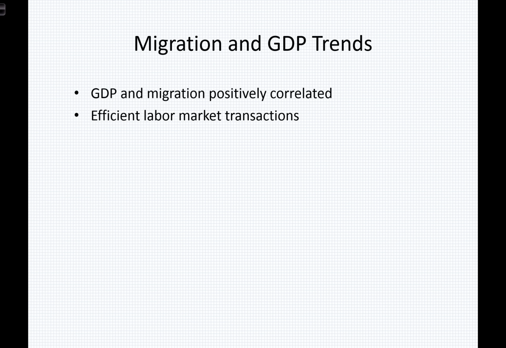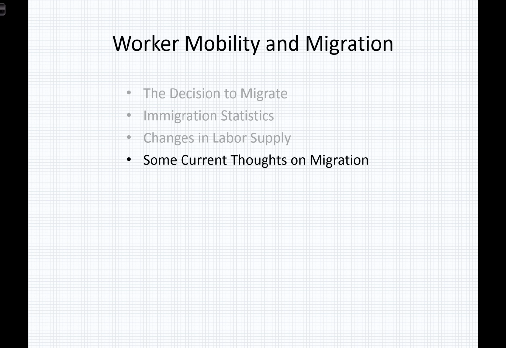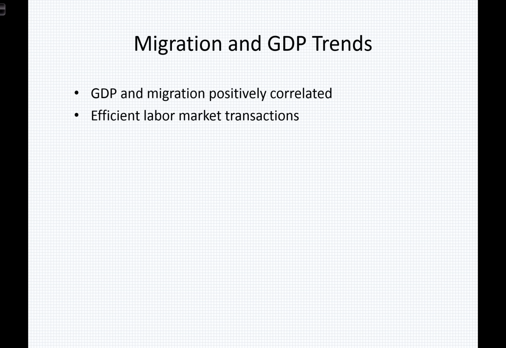First, we know that over time, GDP and migration are positively correlated. By that I mean, if we want to think about changes over time, and we want to look at, say, time on this axis and GDP on this axis, we see that over time GDP has risen dramatically.